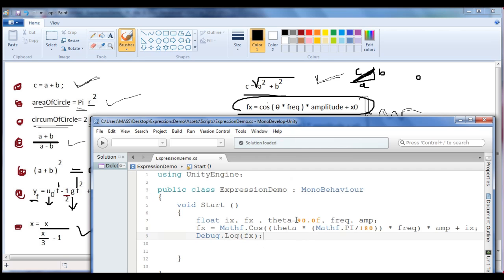So theta is 90 degrees. Let us take frequency equal to 2.0f, twice the speed, and amplitude equal to 2.0f. The initial position is going to be 100.0f, that is the initial x position. Then f of x, the final x position, will be 0.0f.